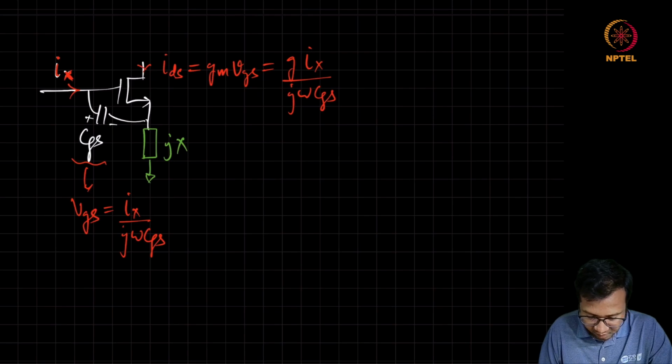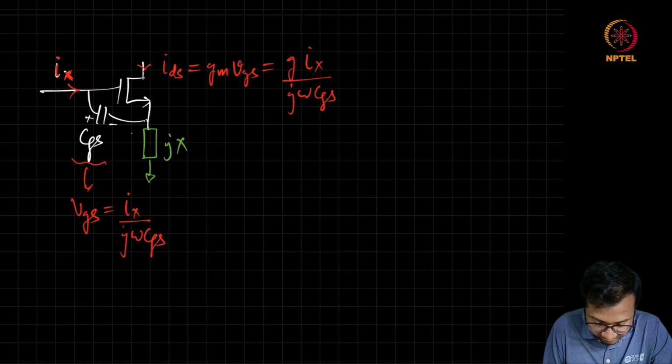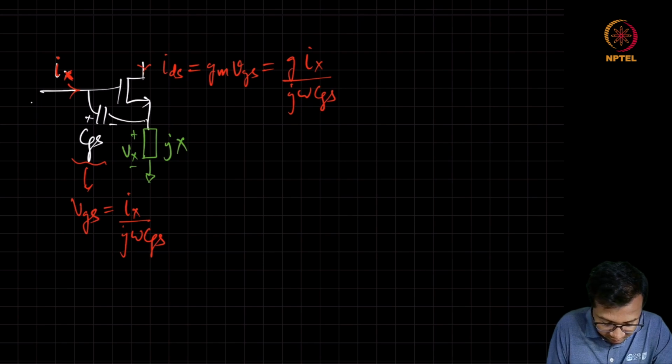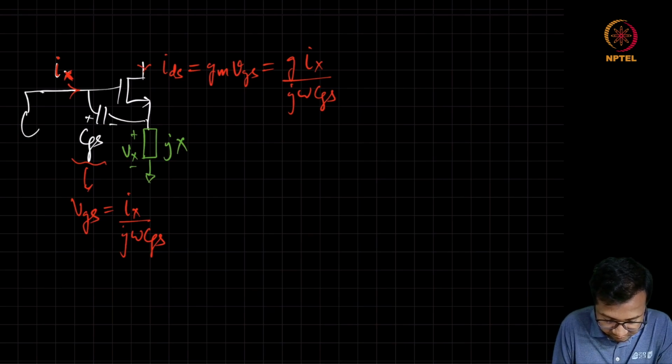So let's see what is the overall voltage drop we are getting. So let's call it Vx. So this total voltage which is applied, say, as a result of V test.